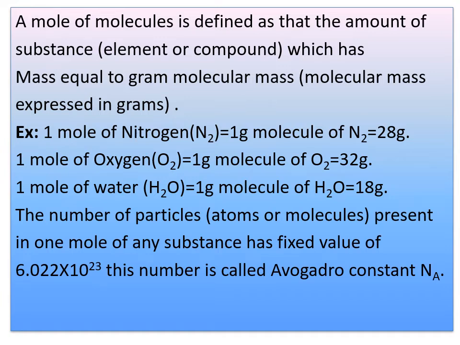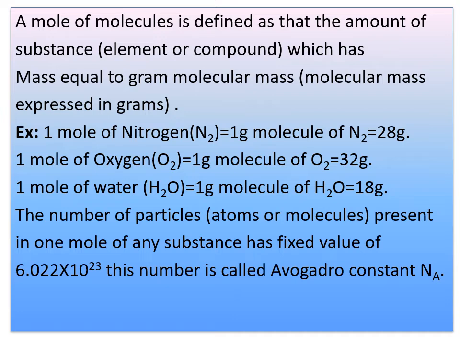The atomic mass of nitrogen is 14, so 2 into 14 gives us 28. Like that, 1 mole of oxygen O2 is 1 gram molecule of O2. We know the atomic mass of oxygen is 16, so 2 atoms of oxygen, that means 2 into 16, gives you 32 g.